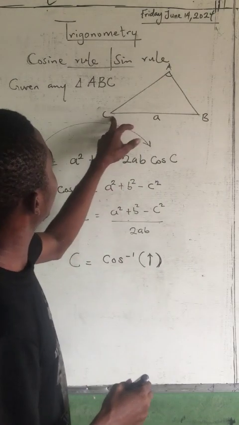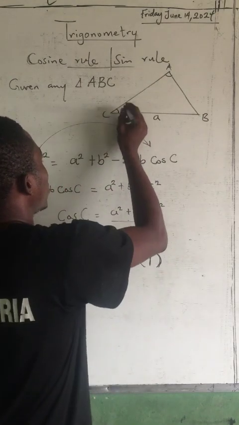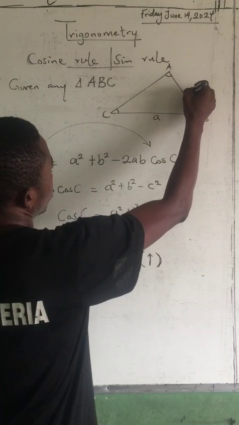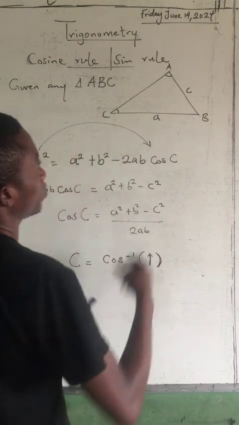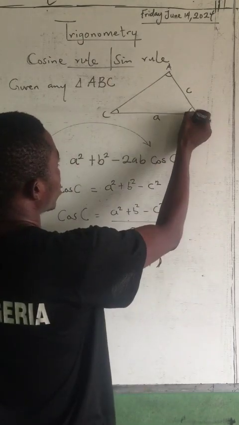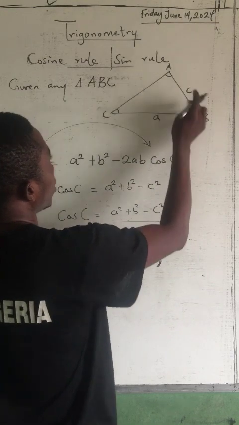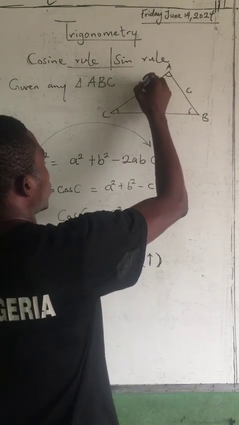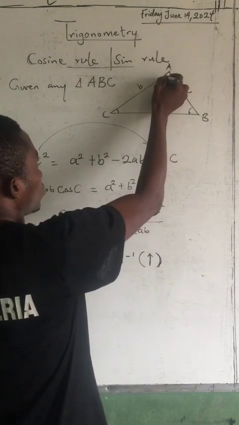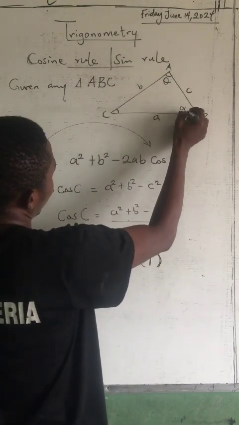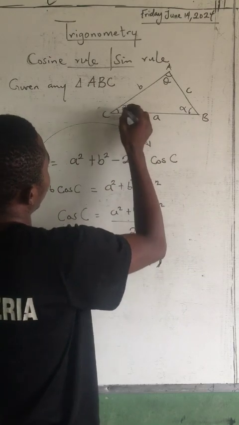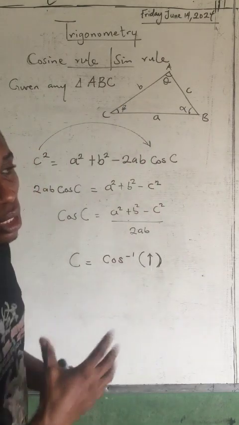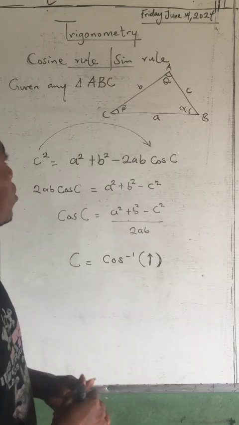The opposite side to angle C is going to be small c, and the opposite side to angle B is going to be small b. Name this angle theta, you can name this one alpha, you can name this one beta, whichever one you like, it's just to distinguish the angles from each other.